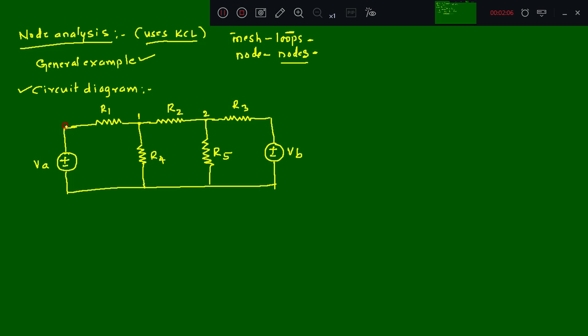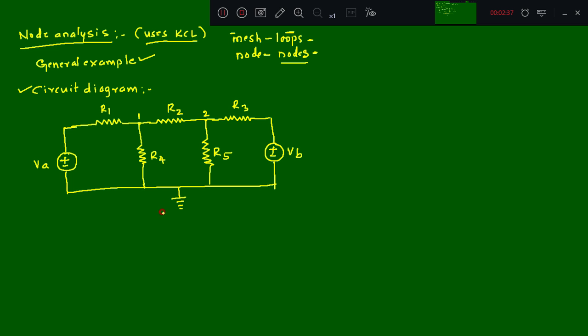We could treat other points as nodes also, but that makes more equations to solve, a tedious process. To optimize the number of equations, we usually take the nodes which connect at least 3 elements. So this is node 1, this is node 2, and one more very important node: we connect this ground point as the reference node.